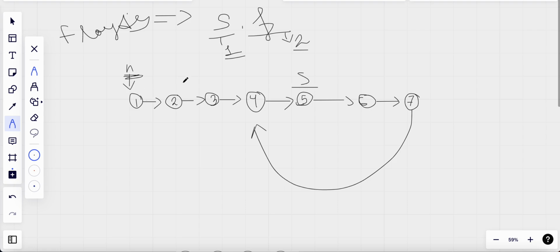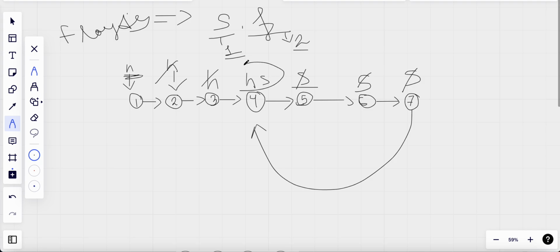We move the head one step, so it reaches node 2, and the slow pointer reaches node 6. On the next move, head is at node 3 and slow is at node 7, and in the next move head is at node 4 and slow is again at node 4.